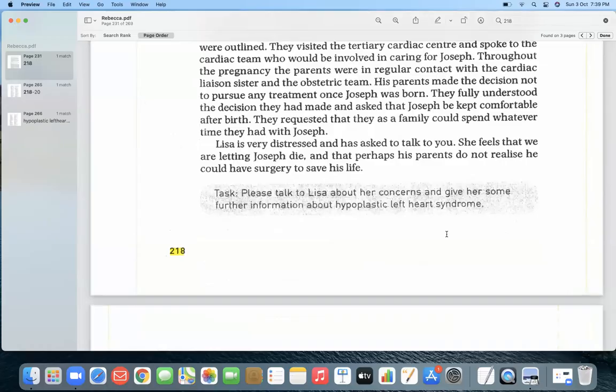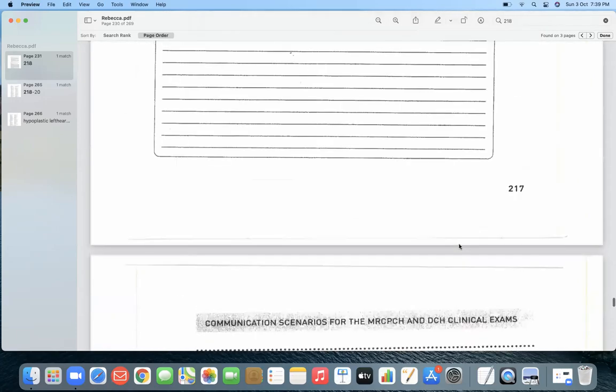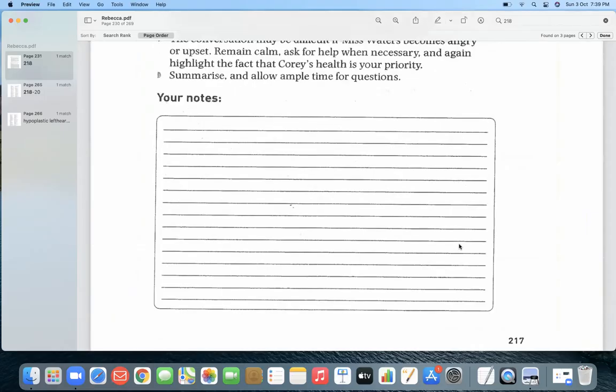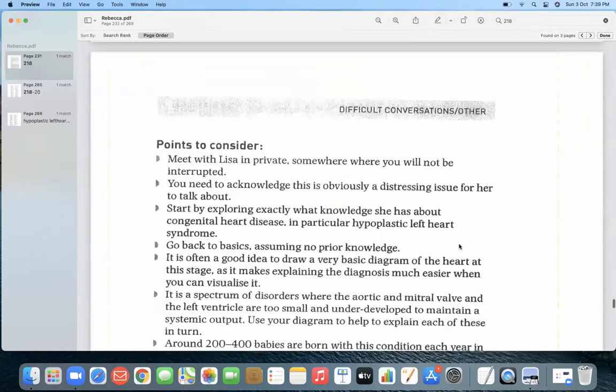She feels that we are letting Joseph die and that perhaps his parents do not realize he could have surgery to save his life. Please talk to Lisa about her concerns and give her some information about hypoplastic left heart syndrome. This scenario comes under the category of difficult conversation.